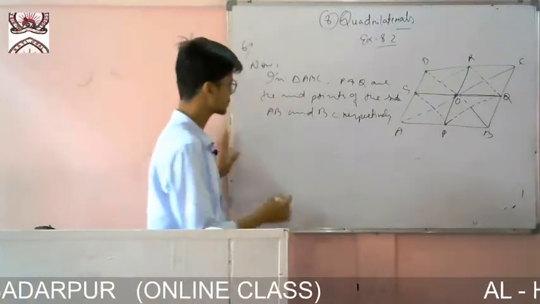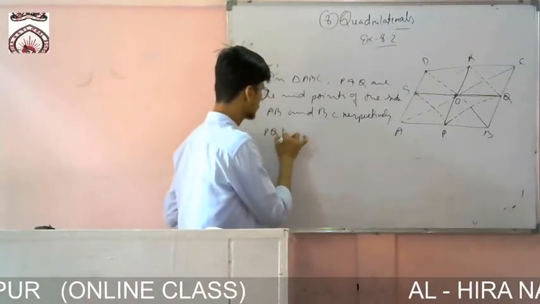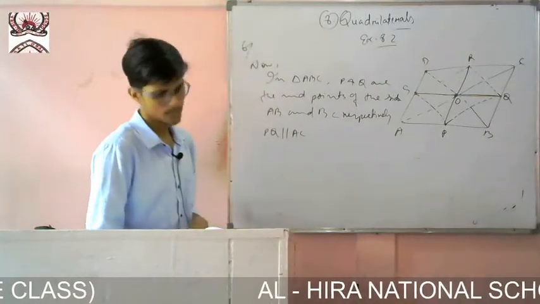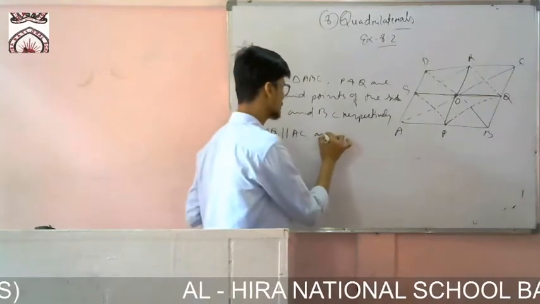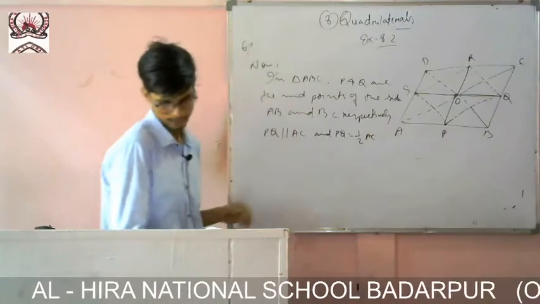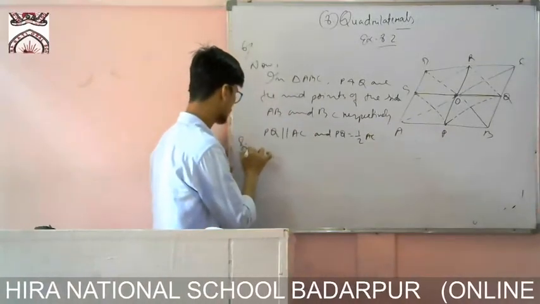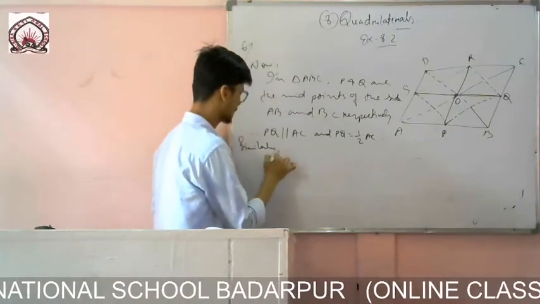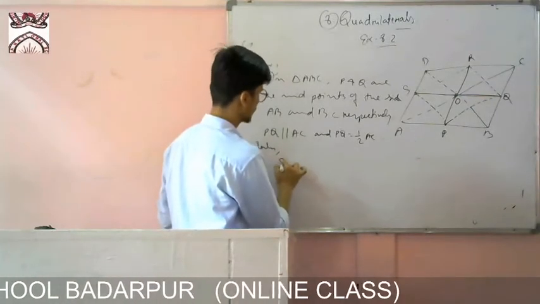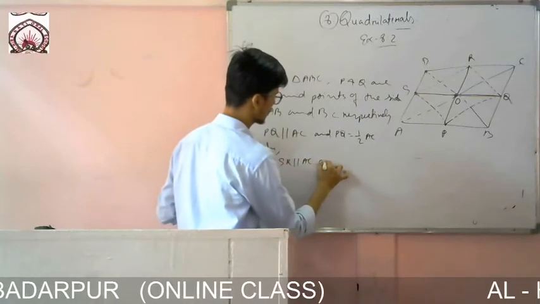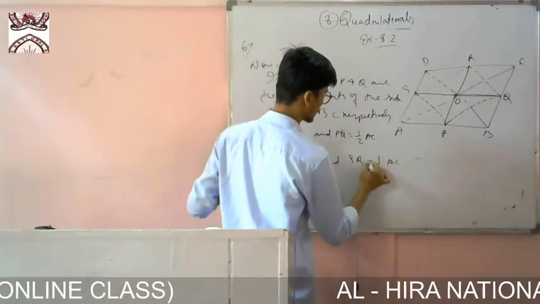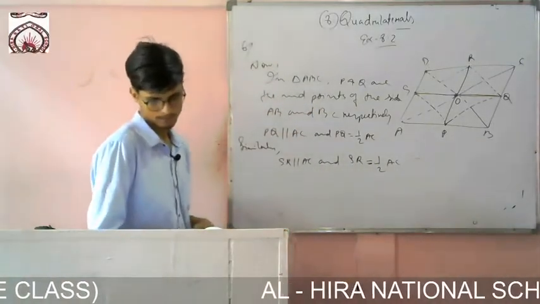So if these are the midpoints of the sides, I can write PQ is parallel to AC, and PQ is equal to half of AC. Similarly we can show that SR is parallel to AC and SR is equal to half of AC.